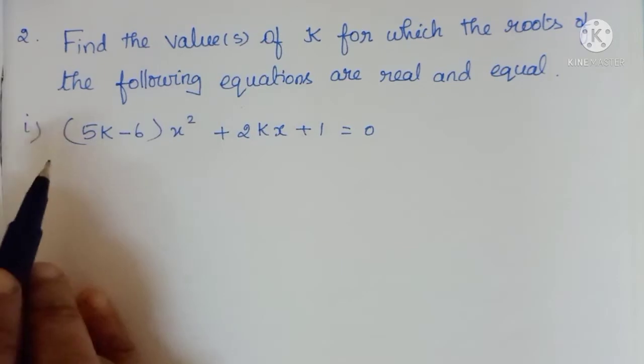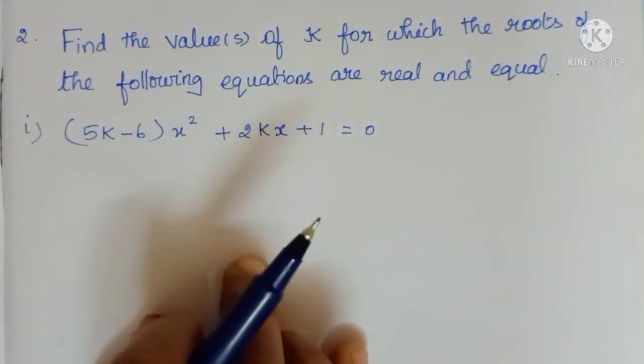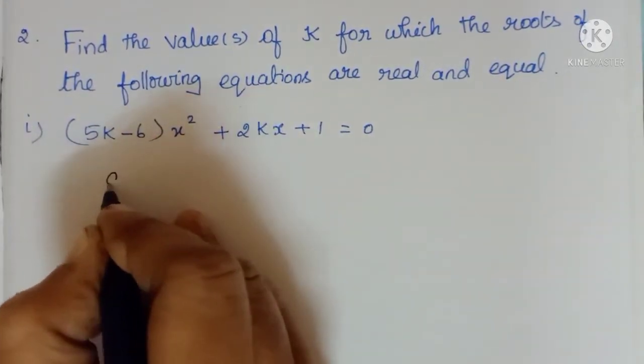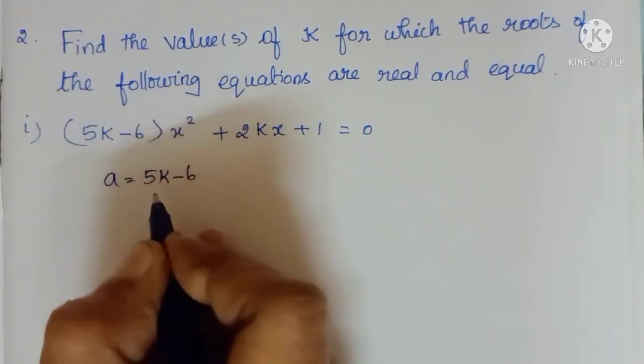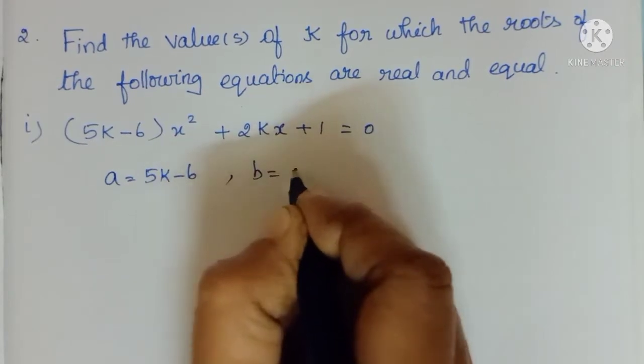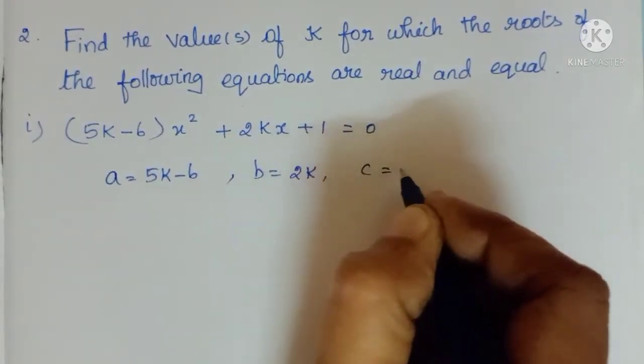Here. Okay. Now from the question we can write a equal to 5k minus 6. The coefficient of x squared is 5k minus 6. B is equal to 2k. C equal to 1.